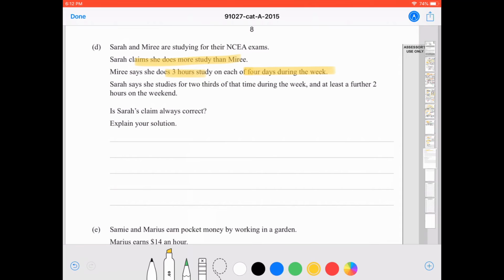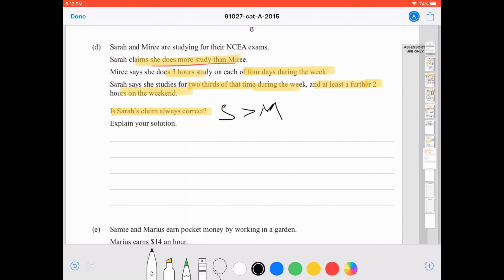Sarah says she studies for 2/3 of that time during the week, and at least a further 2 hours on the weekend. Is Sarah's claim always correct? First of all, what is her claim? Well, she claims she does more study than Marie. So let's say S, meaning Sarah, is greater than M, of course, which represents Marie.